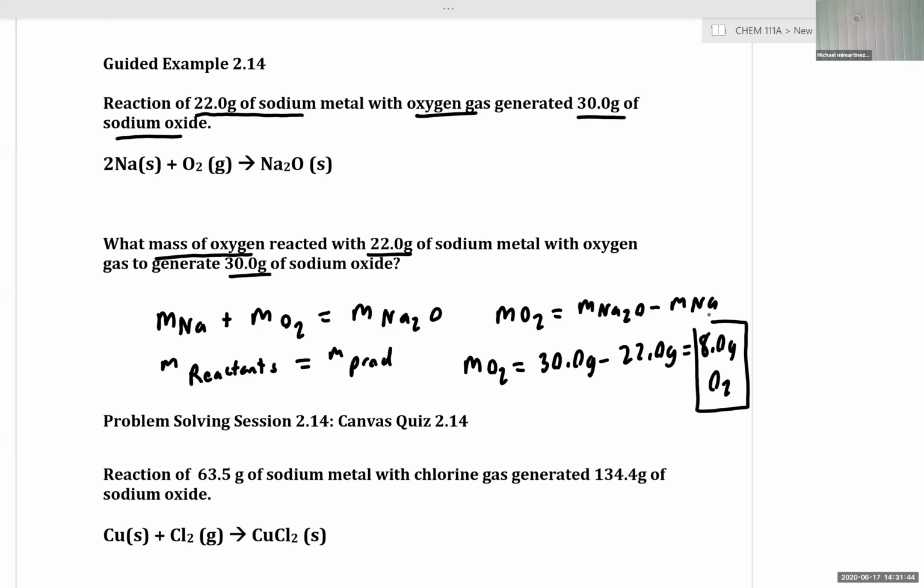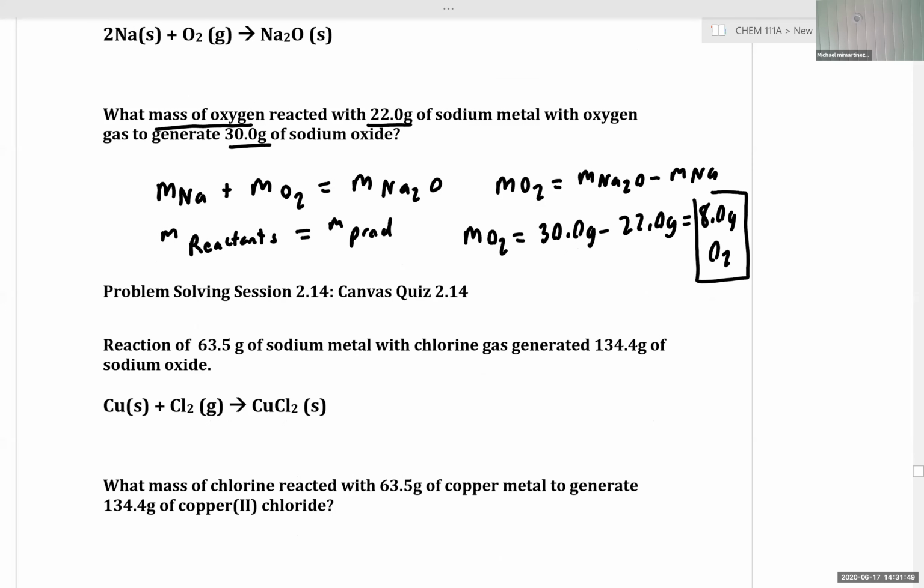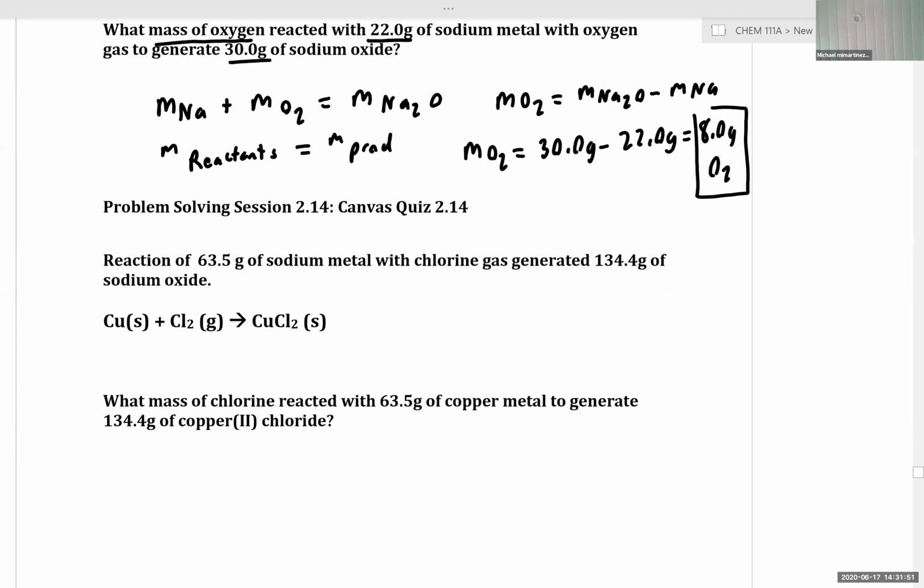So let's try to test our understanding of this concept by tackling the following problem. A reaction of 63.5 grams of sodium metal with chlorine gas generated 134.4. Oh, sorry. Let me just make an adjustment. Should be copper metal.